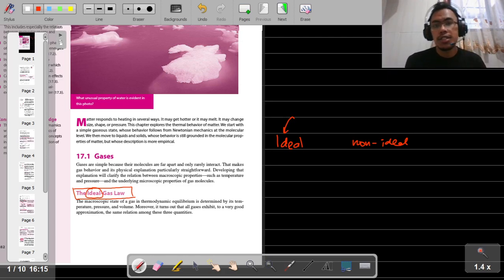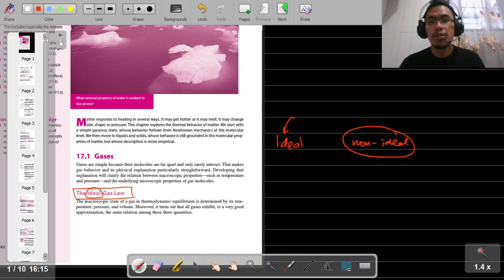because when we know the ideal condition, and we meet a non-ideal situation, then we can make a comparison.